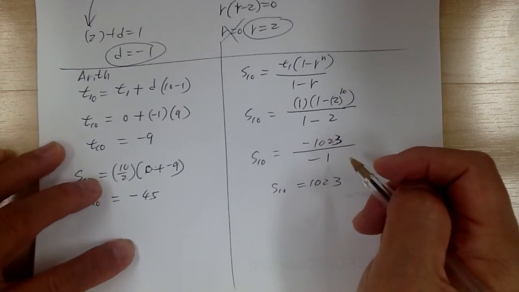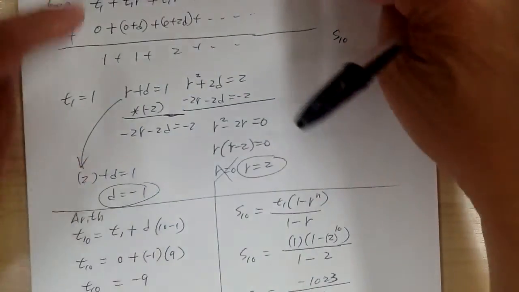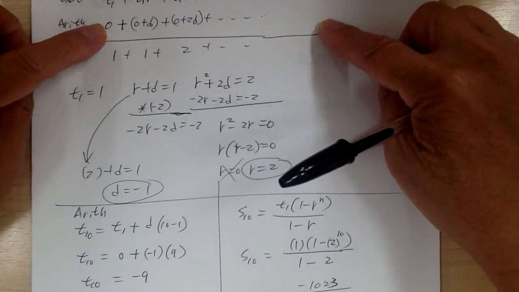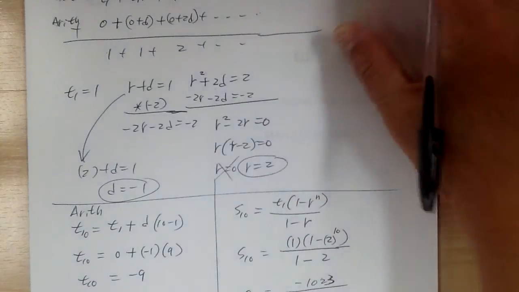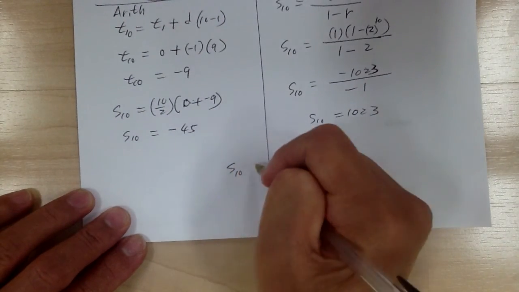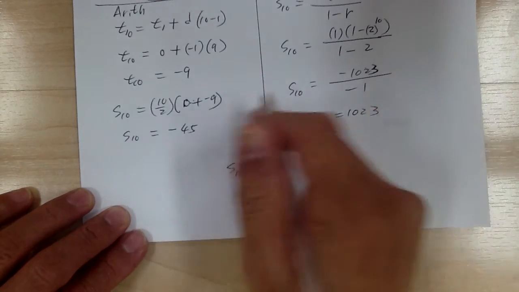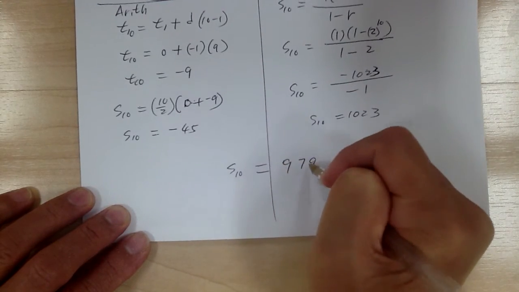Okay, then after that, so S10 from this is this. S10 from this is it. So when you add these two together, we get the S10 for the third series. Okay, so the S10 for the total for everything is you add these two together, you get 978.